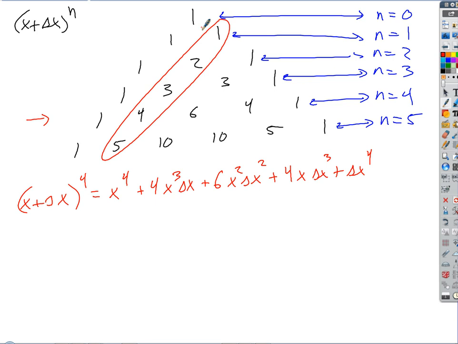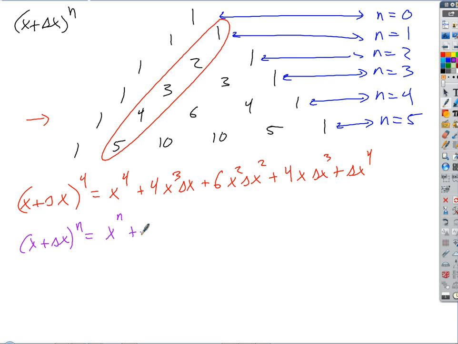Everybody agree? So if we wanted to generalize this, could you see where I'm going with this? Then we could say that x plus delta x to the n equals 1 times x to the n, right?